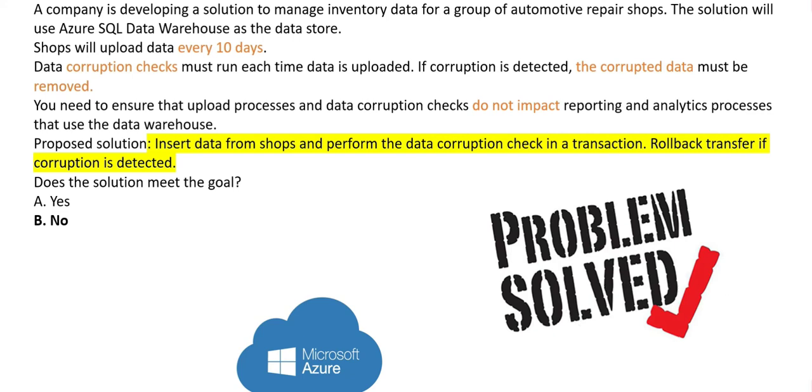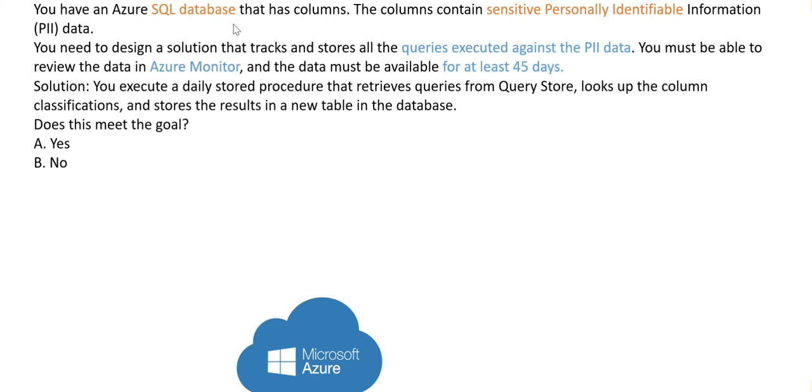Let's see the next question. You have an Azure SQL database that has sensitive columns, PII, and you need to design a solution that tracks and stores all queries executed against the PII data. You must be able to review that data in Azure Monitor, and the data must be available for 45 days. So the solution says you execute a daily stored procedure that retrieves queries from query store, look up the column classifications and store the results in your database.